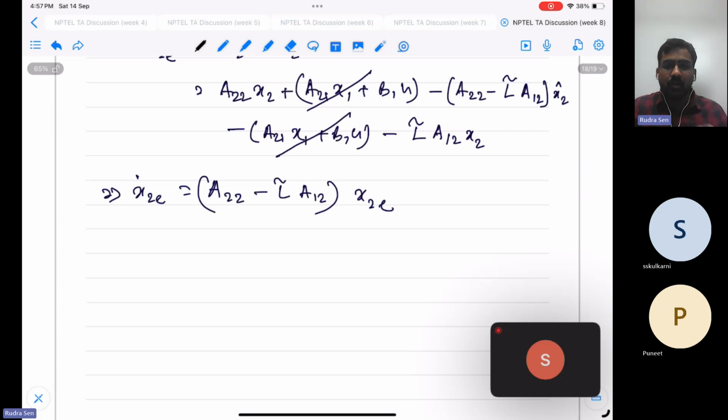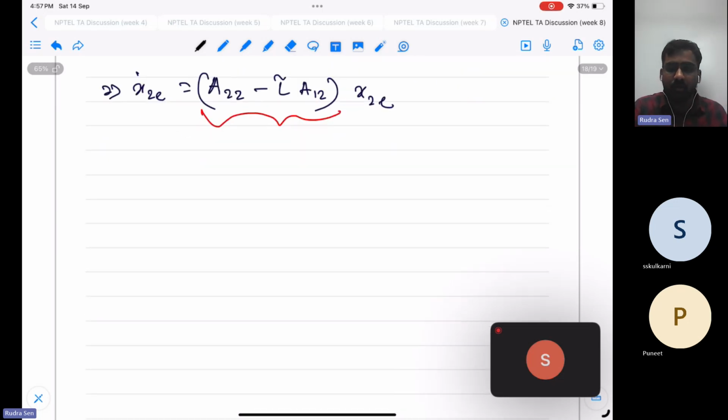So similarly again, we need the eigenvalues of this term to be in the left half of the complex plane. Just like the same way we design a full order observer, we have to design this. So I hope it is clear to all of you.